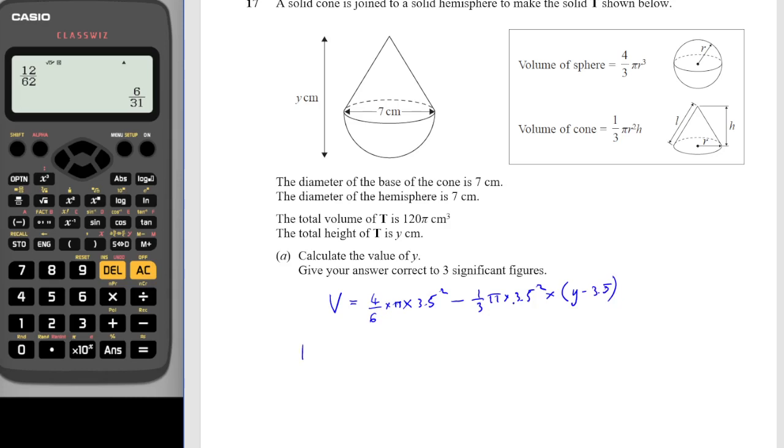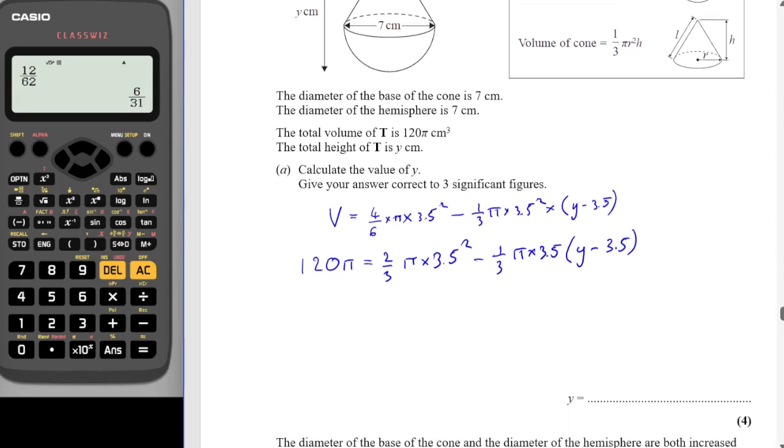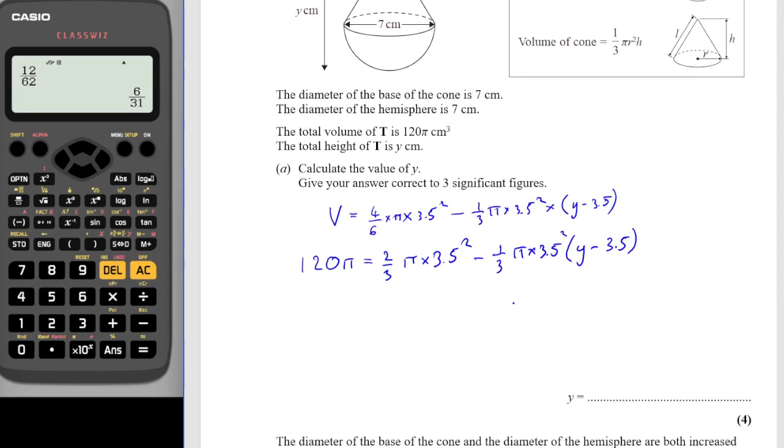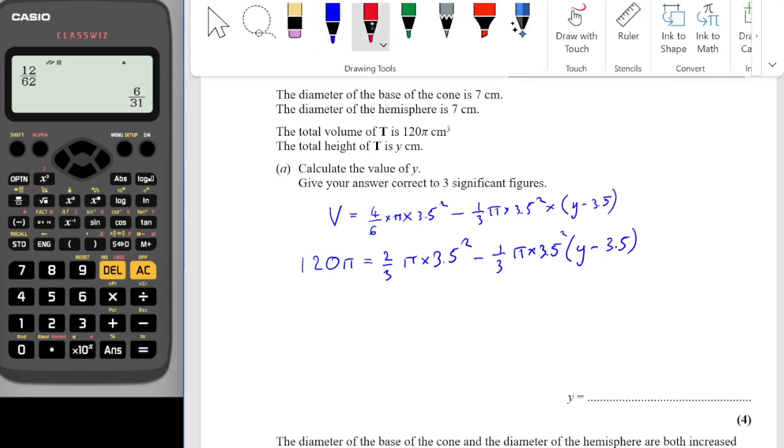So let's tidy some of this up. 120 pi is going to equal, right, 4 over 6 is 2/3. I should have really done that there. 2/3 of pi times 3.5 cubed minus 1/3 of pi times 3.5 squared times y minus 3.5. Right, I've missed my squared off there. So I'm going to do a bit of tidying and simplifying before I resort to my calculator.